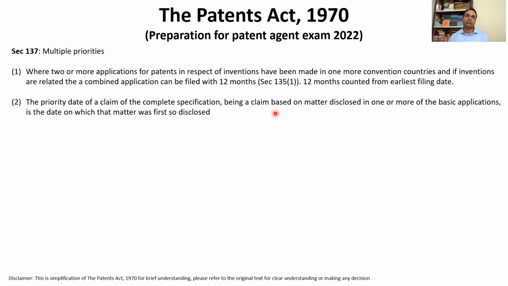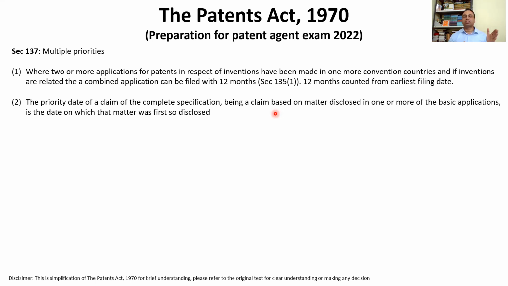I mean, some claims may not have 12 months time. Some claim may have 10 months time, some claim may have 1 month time only. So depending on when it was filed, but within 12 months we can combine them together. Okay, so 12 months will be counted based on the first application.